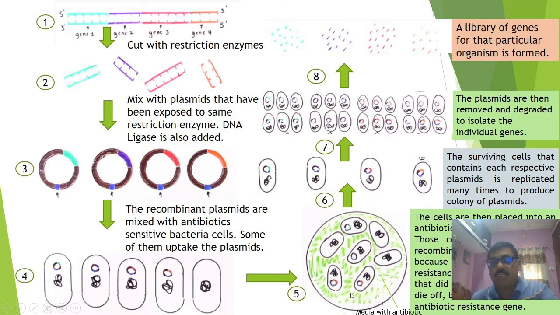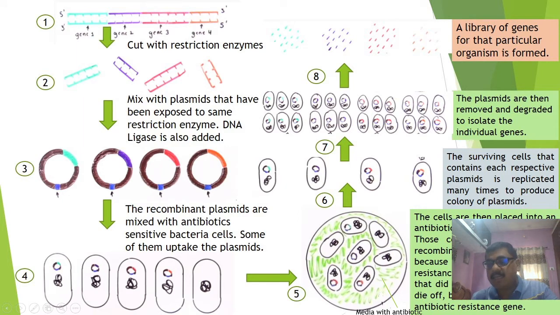Those cells which have the plasmid, as this plasmid has the ampicillin resistant gene, will survive. And those cells like these, which don't have the plasmid, as these are sensitive, will die off. So this is a medium containing antibiotic, and only those cells will survive which have the antibiotic resistant gene, or which have the plasmid in them.